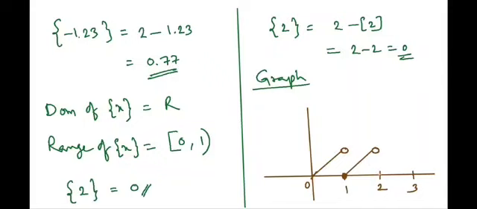So at 2, it is 0, x minus 2 means 2 minus 2, 0. Again, the same parallel line segment we get. Continuously, we are going to get like this. So the graph is repeating after a length of 1 unit. That's why it is periodic, with periodicity 1. Right? This is the graph of the fractional part of x.